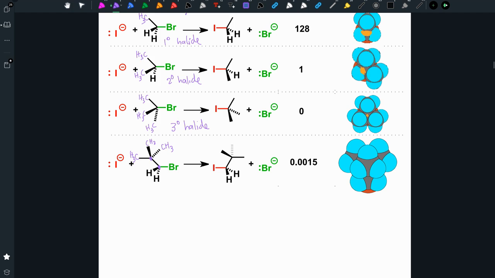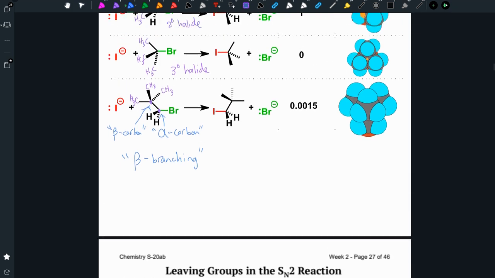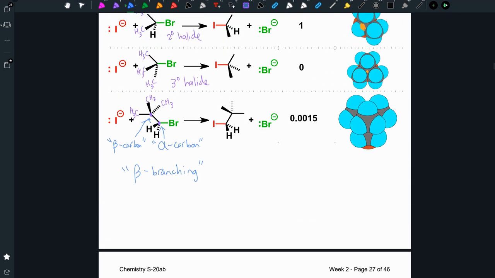That would be a naming system where we call the carbon with the alkyl halide the alpha carbon, and we would call this the beta carbon. So this phenomenon where you have branches at the beta carbon is known as beta branching. And beta branching slows the reaction down.